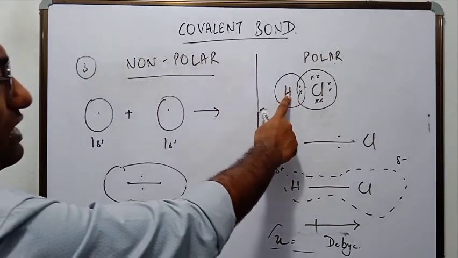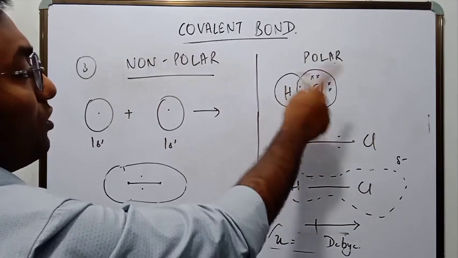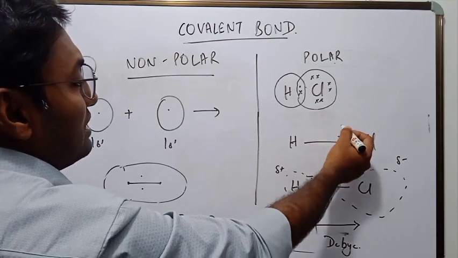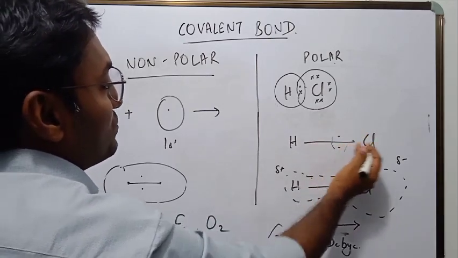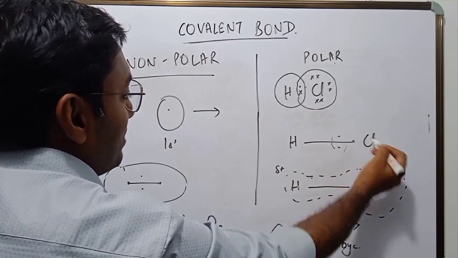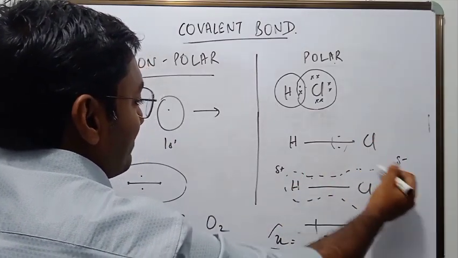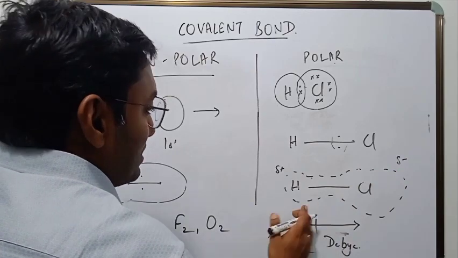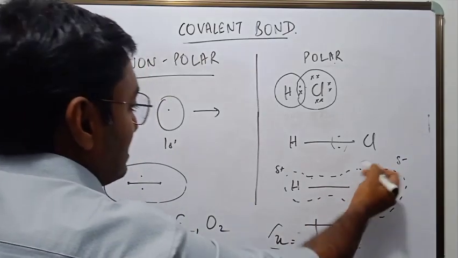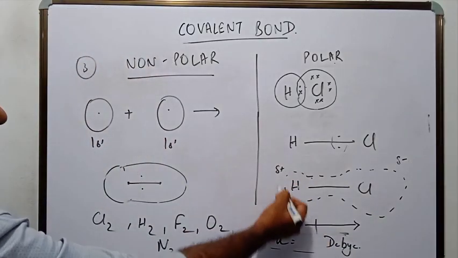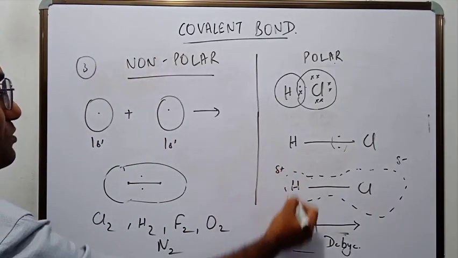Here we have said that non-identical atoms of different electronegativity go for sharing of electrons. As a result, the shared pair of electrons is towards the more electronegative atom, and the cloud is oriented towards it, and because of this, polarity develops. The region around the electronegative atom becomes negatively charged, and the region around the electropositive atom becomes positively charged.